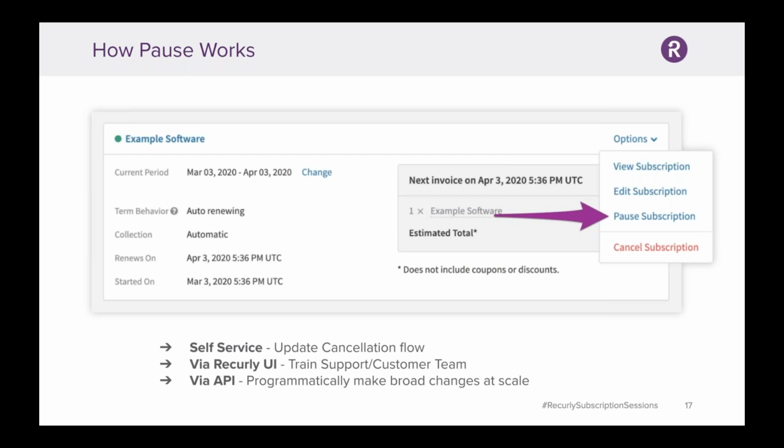Secondly, you can do this in the Recurly UI. So merchants of Recurly, if they have your frontline customer support teams or your CSM teams who are interacting directly with those customers, they can go into the app. They're on the phone with that customer and that customer wants to cancel, and they say, hey, how about a pause? And they can do that on the fly through our UI, right?